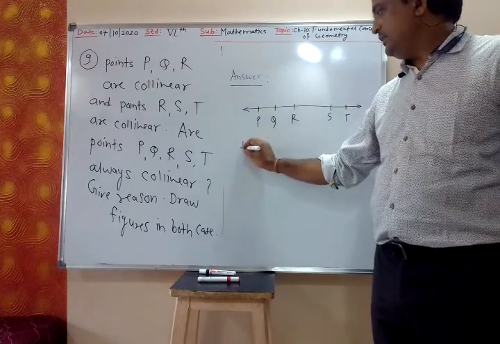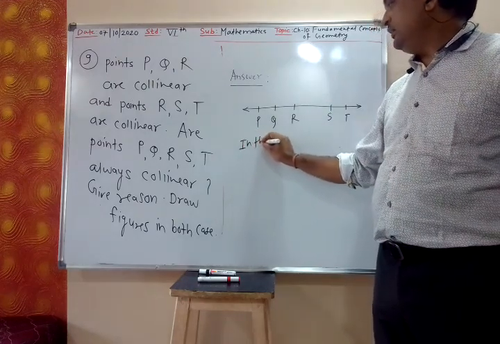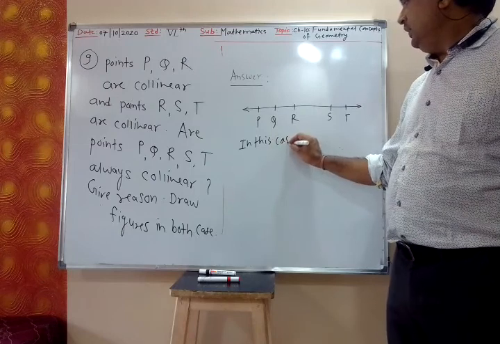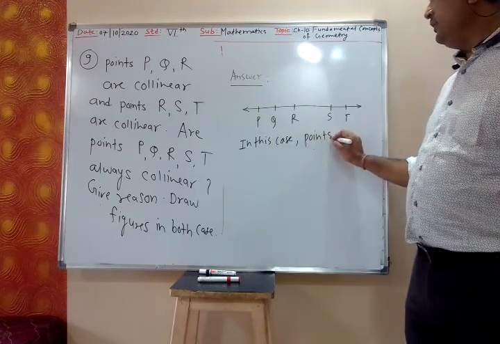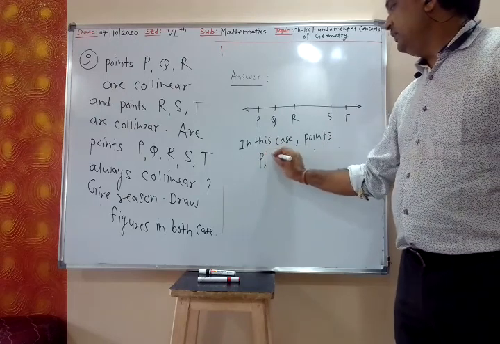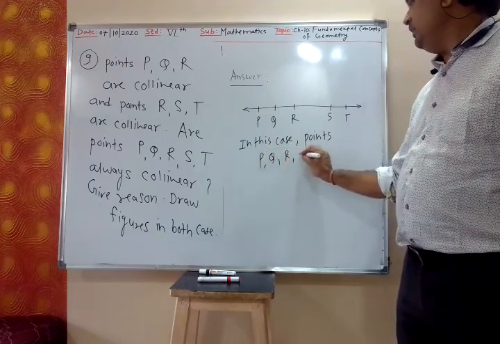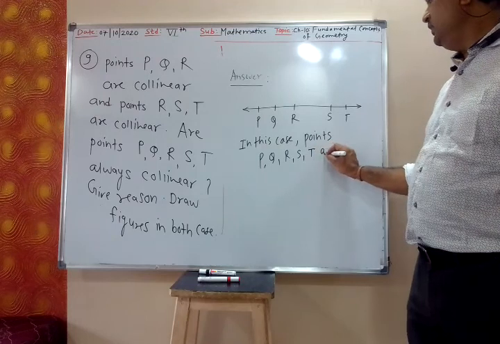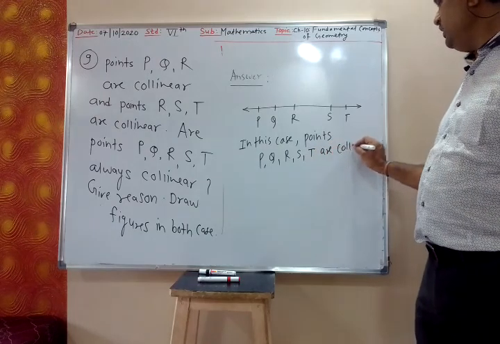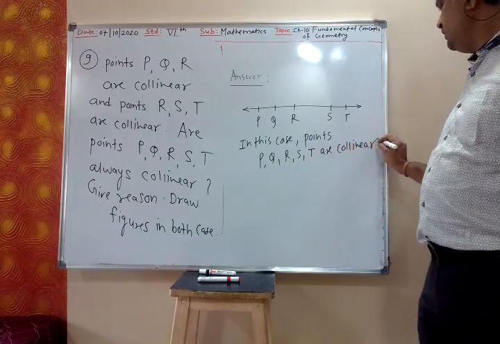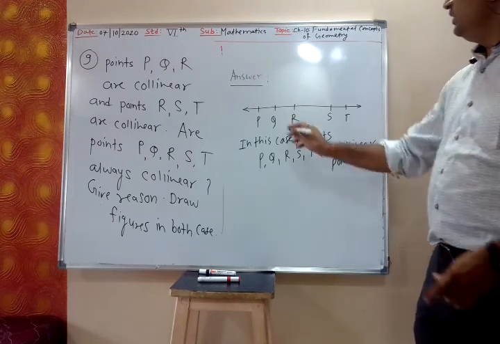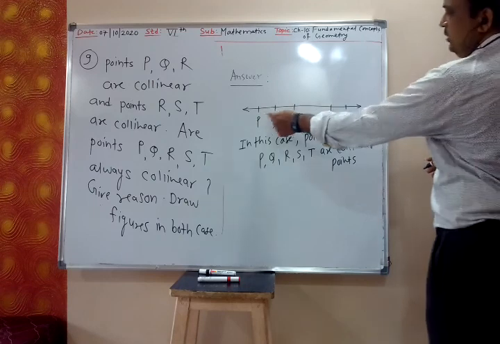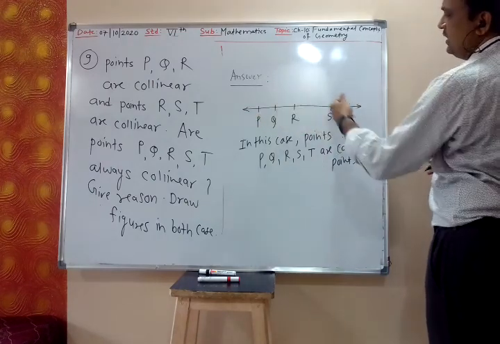Now in this case, write down: points P, Q, R, S, T are collinear. Yes or no? Because you can clearly see all the points lie on one single line.